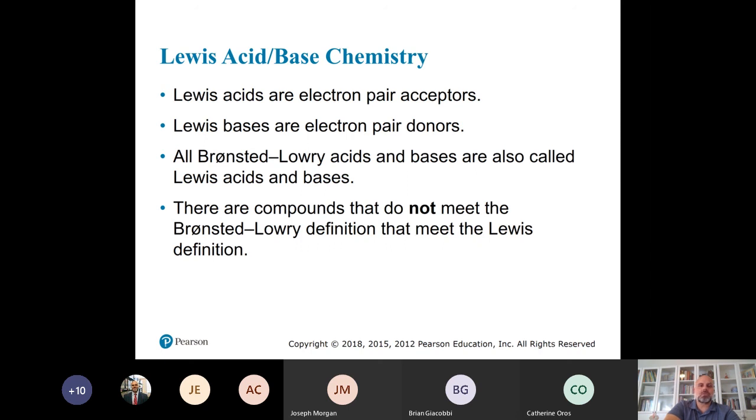Just like when we talked about Bronsted-Lowry acids and bases for anything with a proton, all Bronsted-Lowry acids and bases are also going to be called Lewis acids and Lewis bases. There are compounds that do not meet the Bronsted-Lowry definition that will meet the Lewis acid-base definitions.